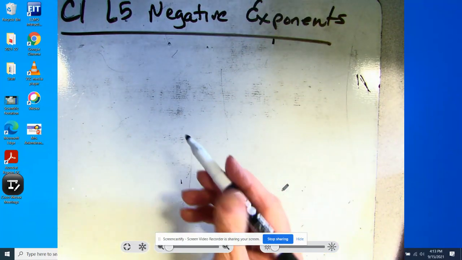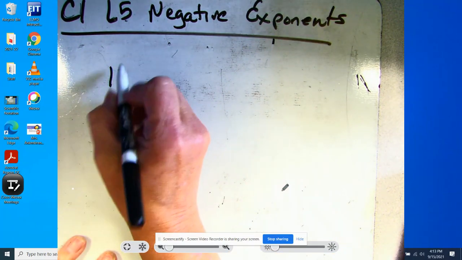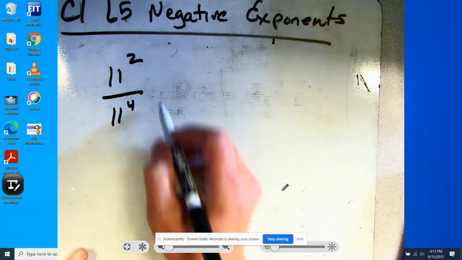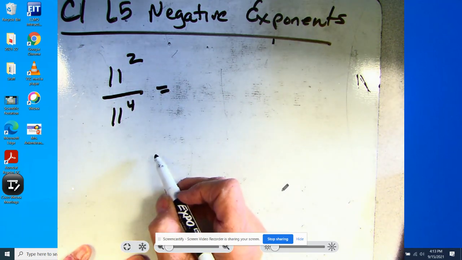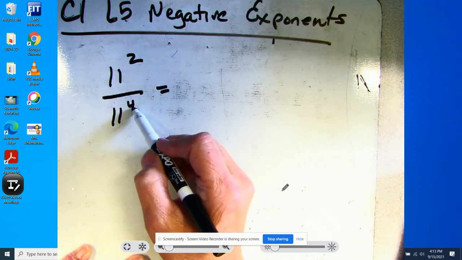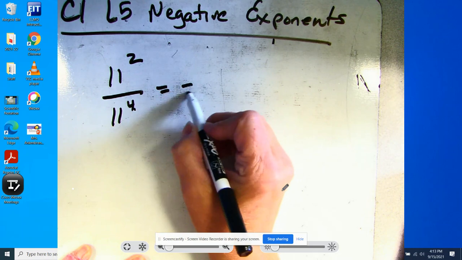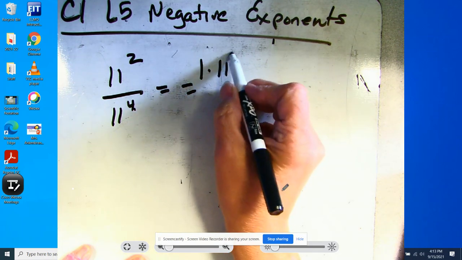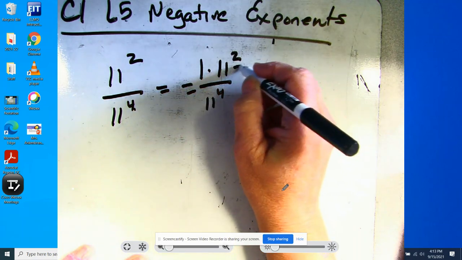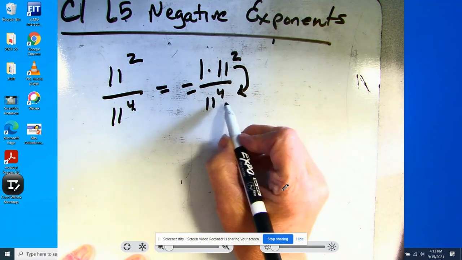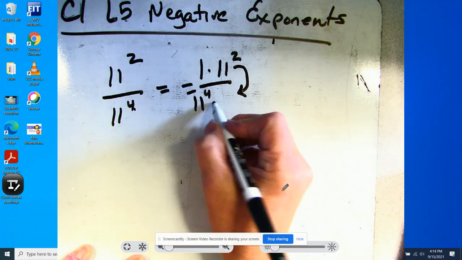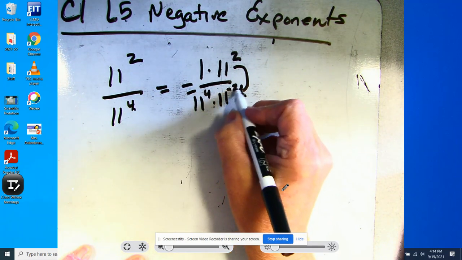What about if you had 11 squared over 11 to the power of 4? Well, since the 2 is smaller than the 4, we are going to take this 1 times 11 squared over 11 to the power of 4. We're going to move this from the numerator to the denominator, where it's going to become 11 to the power of negative 2.